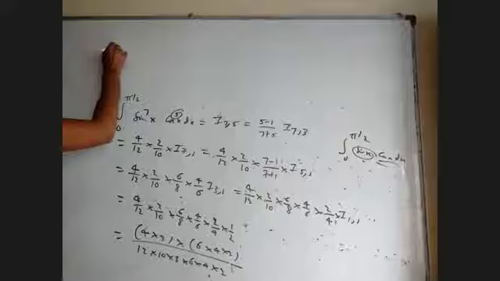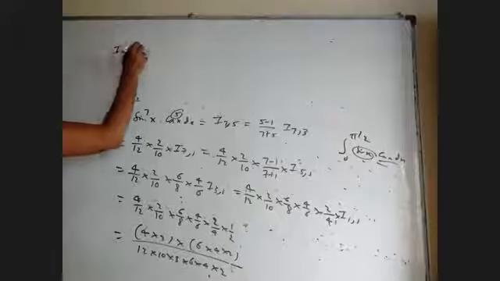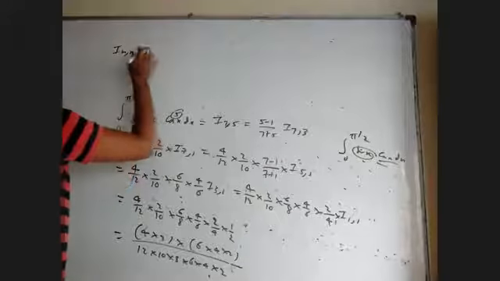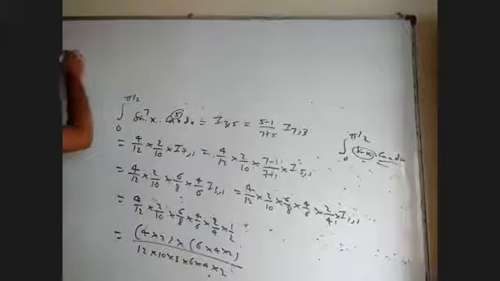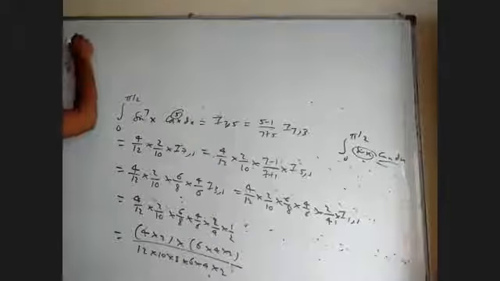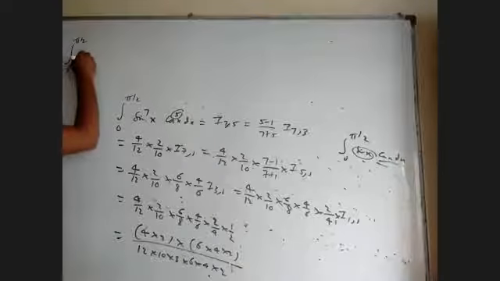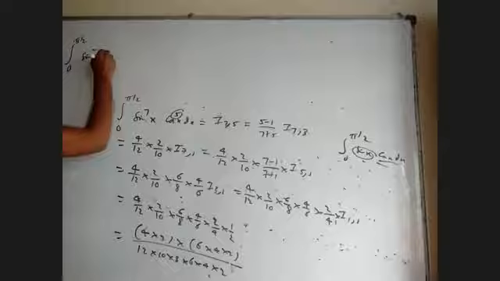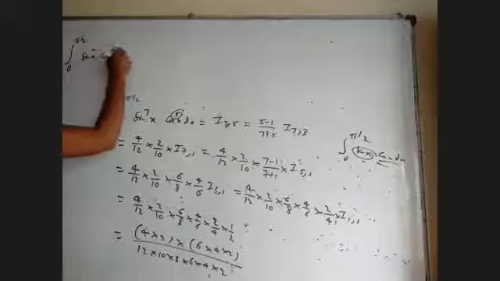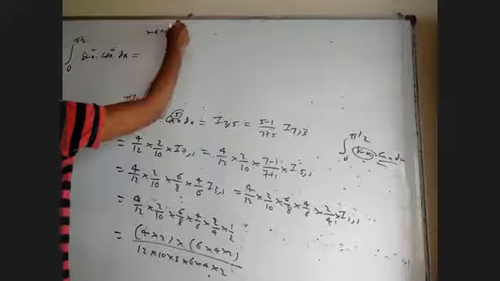So I m comma n, whatever is the question. Want to write integral 0 to pi by 2 sin x power m cos x power n dx is equal to, where here m is a natural number, n is a natural number.